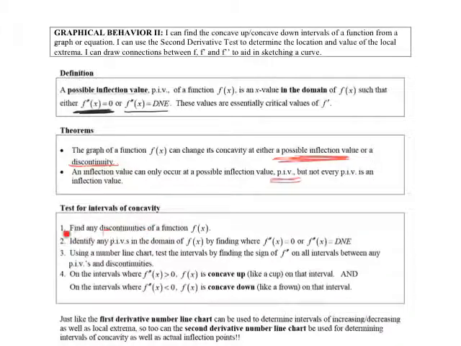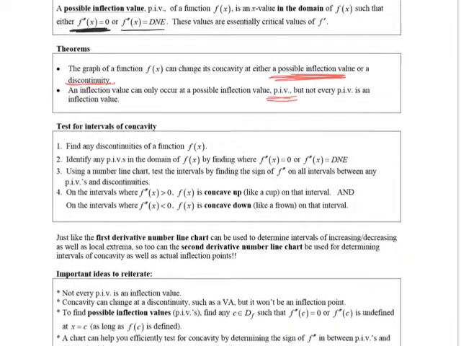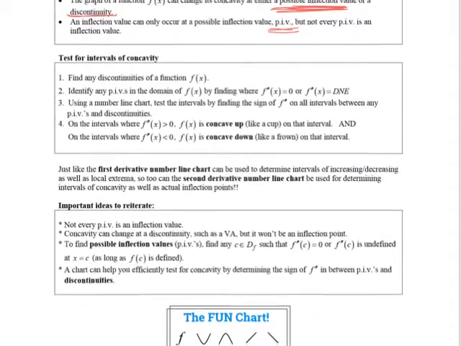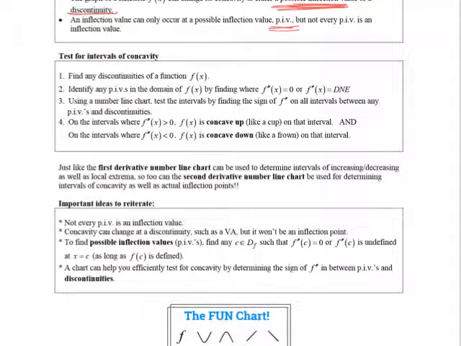This box here describes how we test for concavity, and if you want to come back and visit this after we've done an example, this walks us through exactly what we're going to be doing. Basically, we're finding the critical values of the derivative, so it's very similar to our increasing decreasing, but we're doing it for the second derivative.